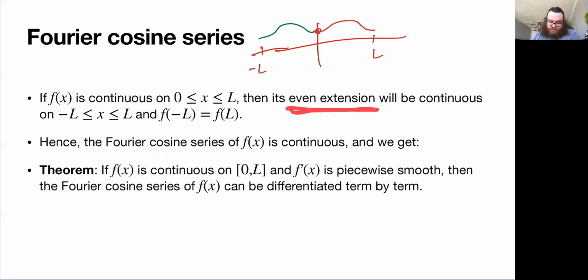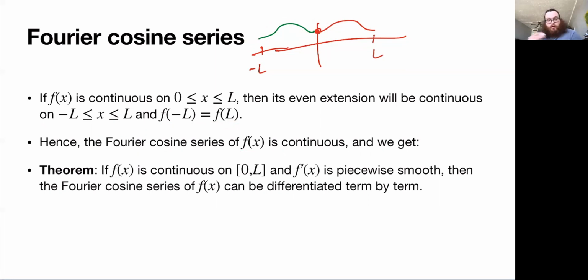Its even extension in particular will be continuous on the entire interval because we won't have any jump discontinuities there. And moreover, the value of f at negative L is going to be equal to the value of f at L, because we're taking an even extension. So in this case, the Fourier cosine series will be continuous.